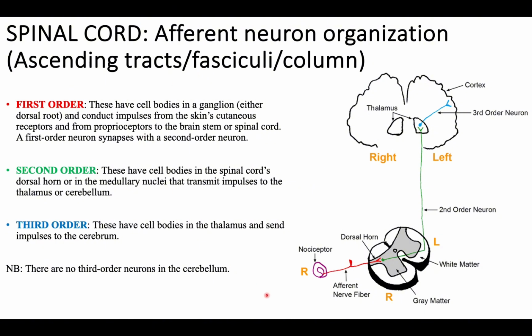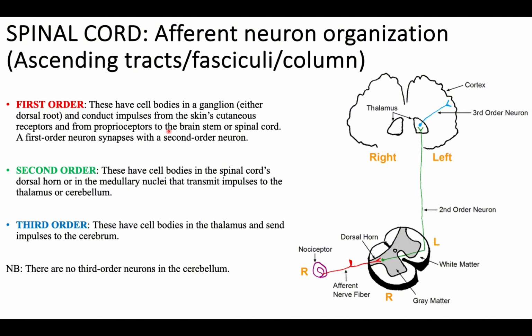So as I said earlier on, you have a first order neuron, second order, and then a third order neuron. The first order neurons have cell bodies in a ganglion, either the dorsal root, and conduct impulses from the skin's cutaneous receptors and from proprioceptors to the brainstem or spinal cord. A first order neuron synapses with a second order neuron.